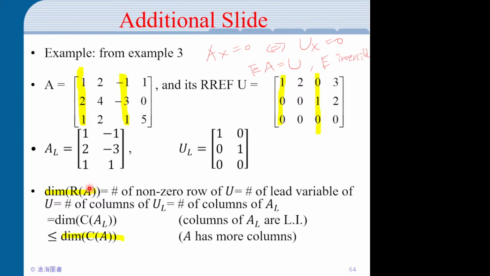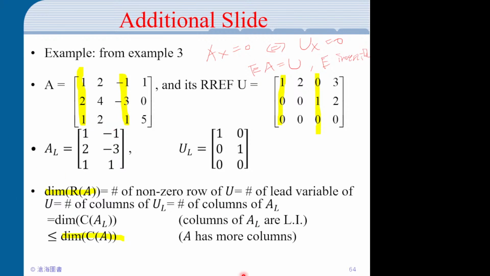Here in the proof, at this step we only know AL is linearly independent, but later we know the dimension of the row space of A and the dimension of the column space of A are actually equal, right? Because they are both equal to the rank. And so this thing is actually a basis of the column space of A.